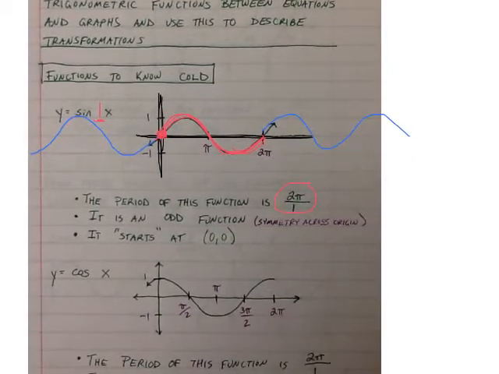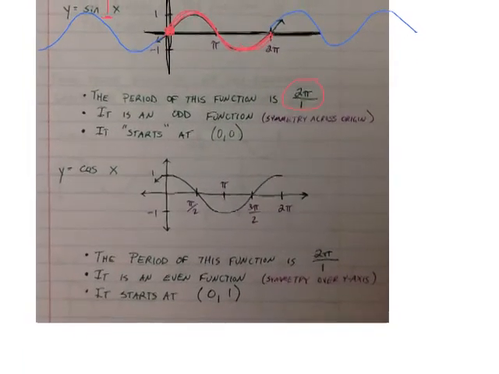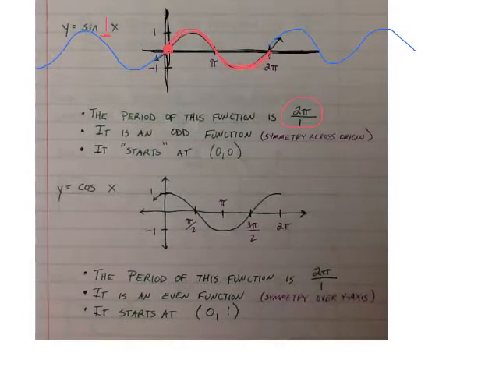The next one that we should know cold is cosine x. This is also a sinusoid, a wave, and it does keep going forever in both directions. The period of it is also 2 pi over 1. We start at a point of (0, 1), and then we drop down and then back up.